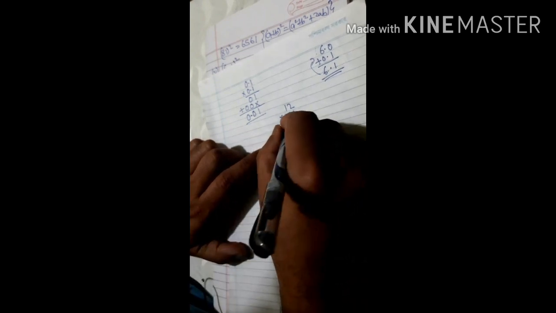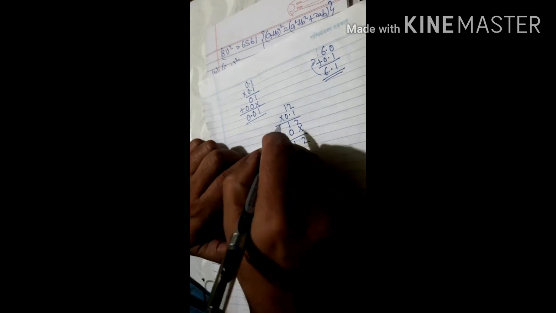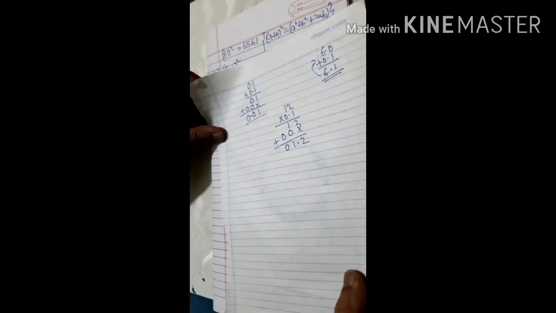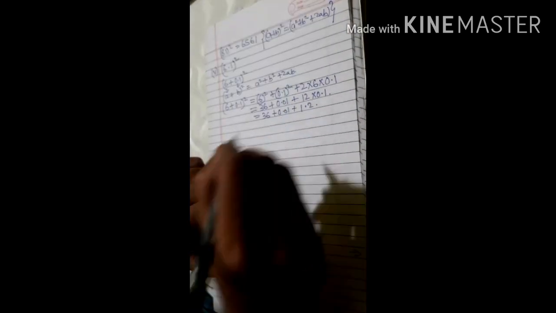Then we add it up. So this gives us 2, this gives us 1 0. Decimal point after how many numbers? After one number. So this will give us 1.2.